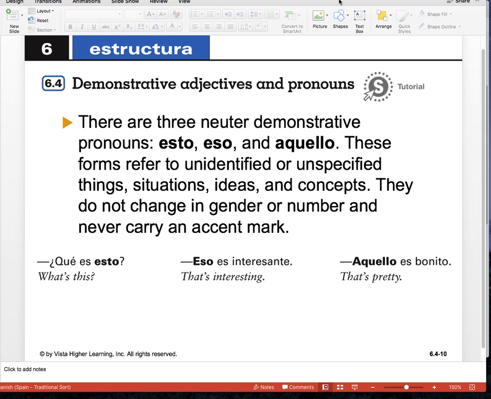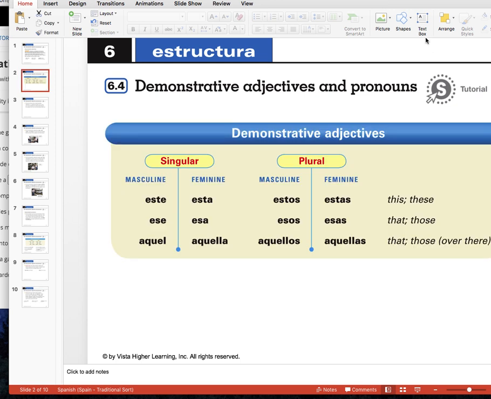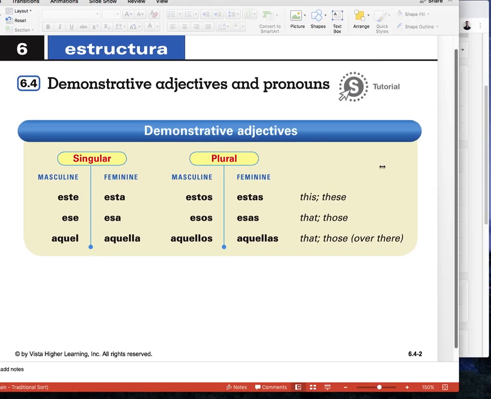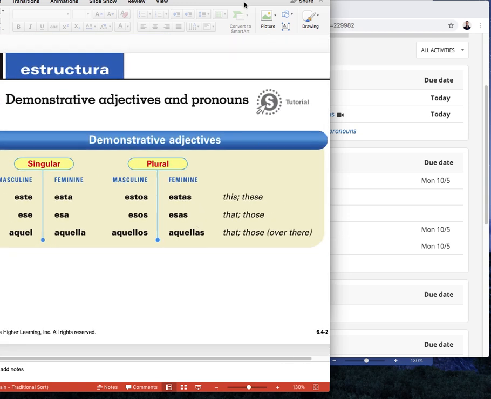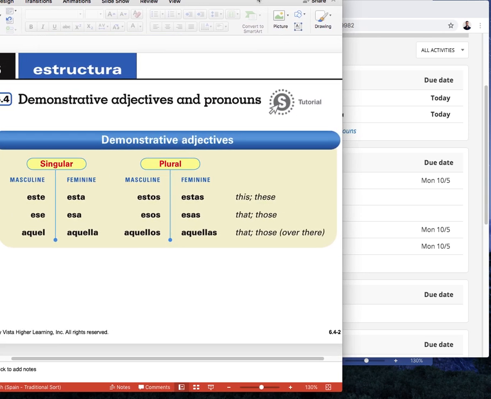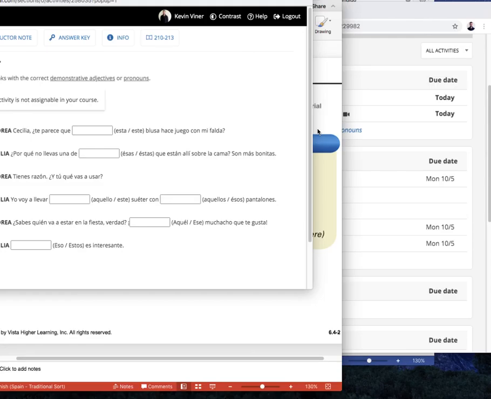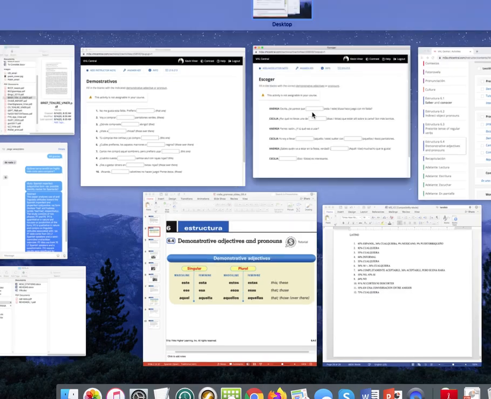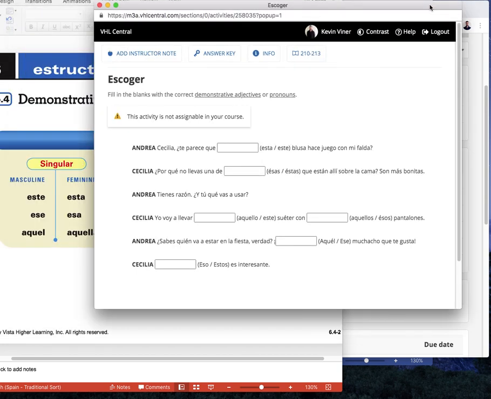All right, muy bien. So we're going to, I'll leave these up here as we do a few activities. Let me shrink this. And let's start with this one. Yeah, this is a good one to start with. Alright, so we have this little activity here.